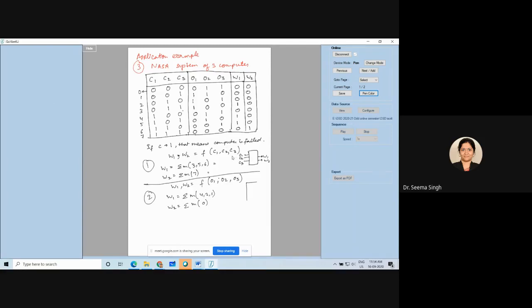If somebody says, you please design a system in which I am giving you the signal of O1, O2, O3, then this is the case. Are you understanding this? This is NASA system of 3 computers. Okay, NASA system of 3 computers. Is that clear?